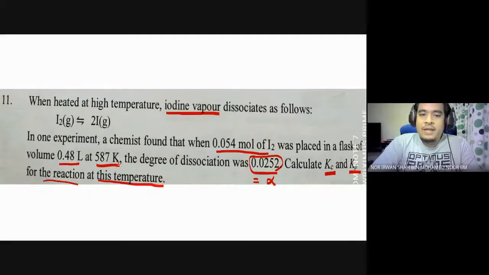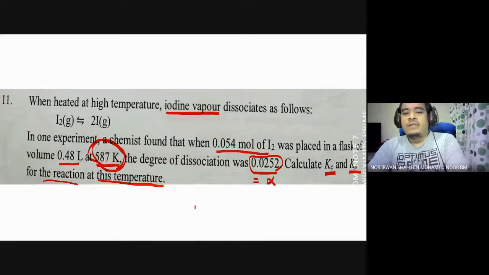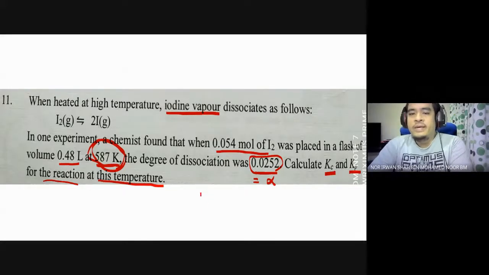Remember, the degree of dissociation is actually the value of alpha. The question asks you to find the value of Kc and the value of Kp for this reaction at this temperature, meaning the same temperature, 587 Kelvin.